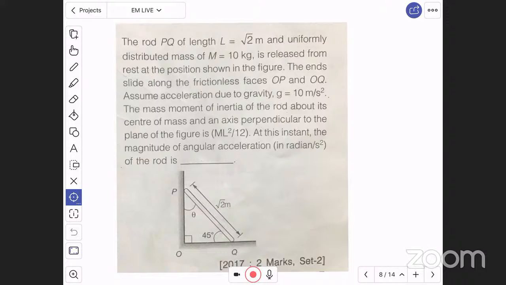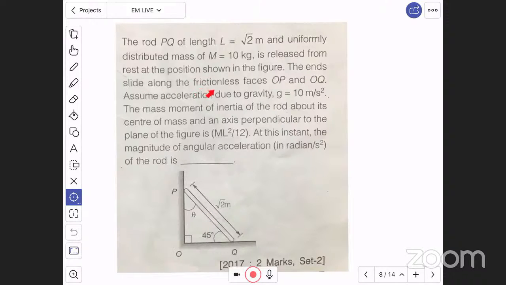A rod PQ of length root 2 meter, with uniformly distributed mass 10 kg, is released from rest at the position shown in the figure. Right, from this position it is released.